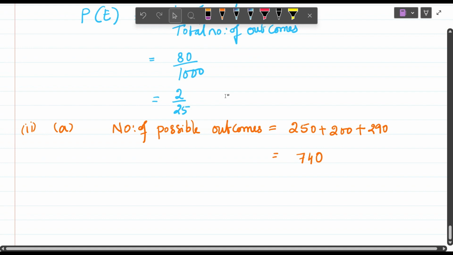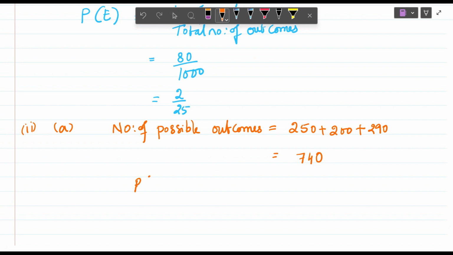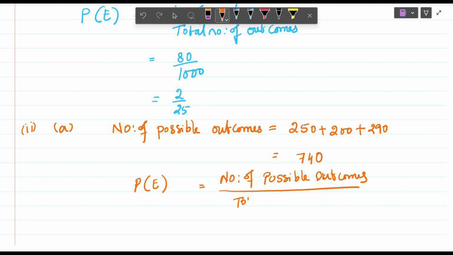Let us write the formula: P of event E is equal to number of possible outcomes, the possible outcomes we got as 740, by total number of outcomes. Okay, students.